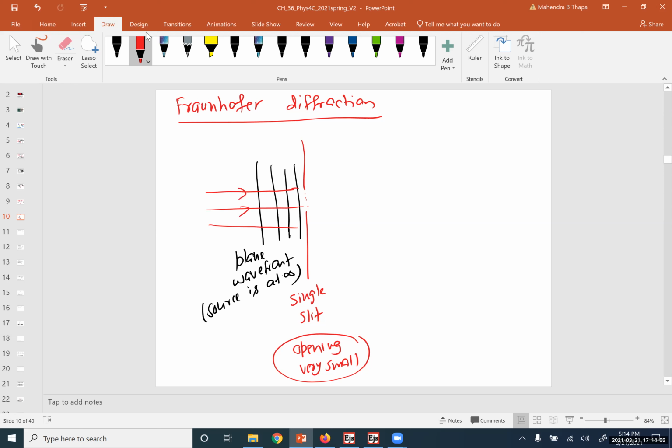So these are the incident rays. Each point of the wave front behaves as a source. So these are the sources, and this is the screen.